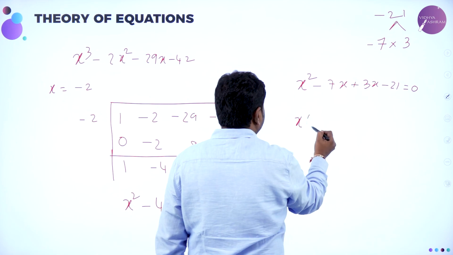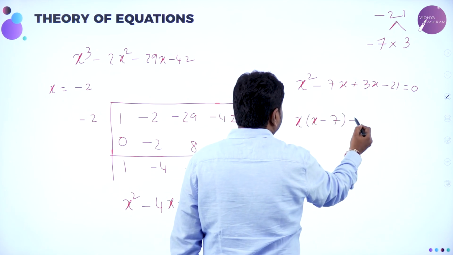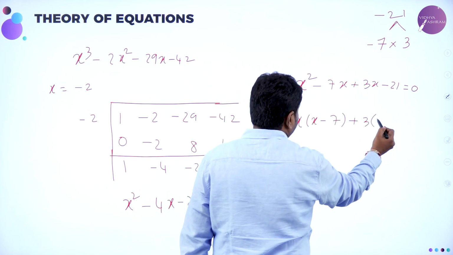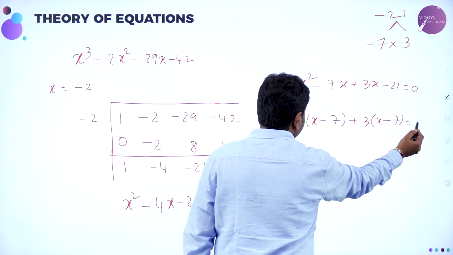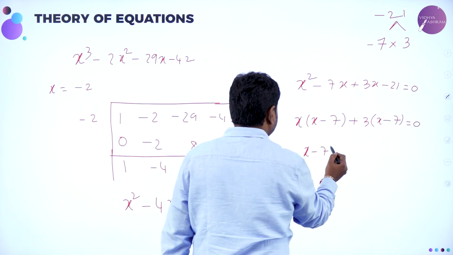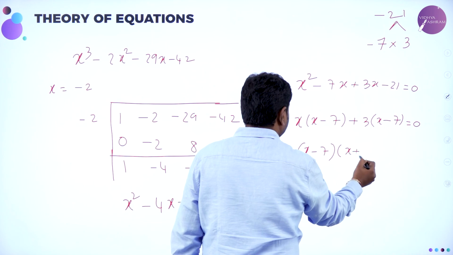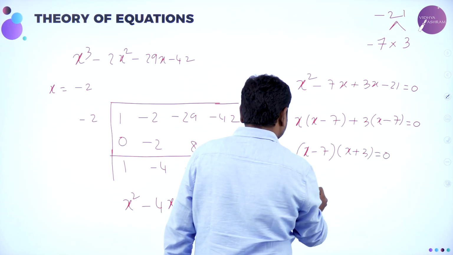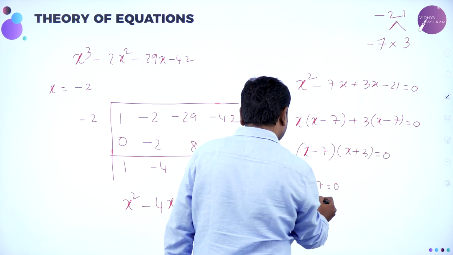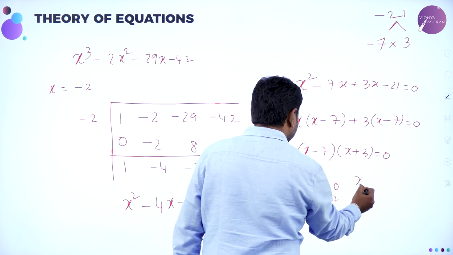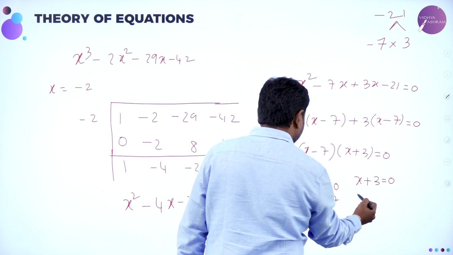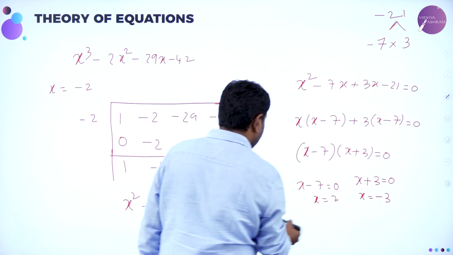Further, I will take x common, so it will become x minus 7, 3 common. If I take x minus 7 common, I will get x plus 3, and equate each term to 0. So if I equate x minus 7 to 0, I will get x is equal to 7, one of the roots. X plus 3 to 0, I will get x is equal to minus 3, one of the roots. So therefore, you got all the roots.